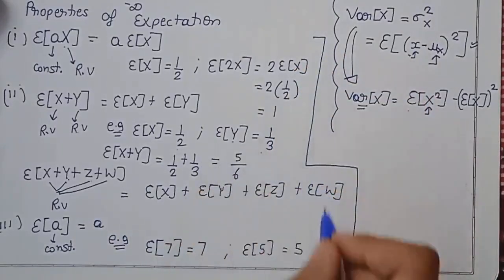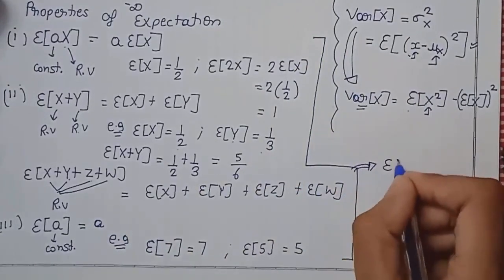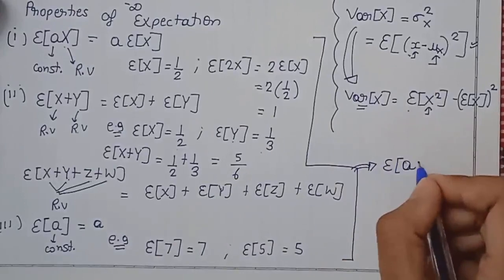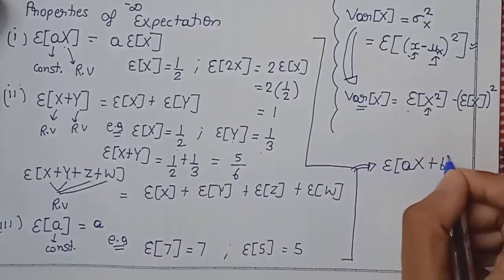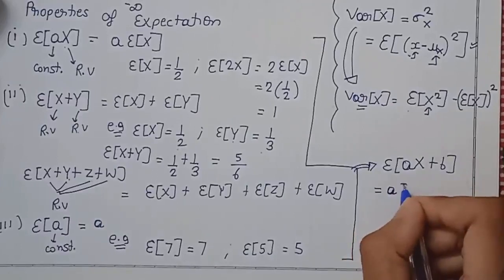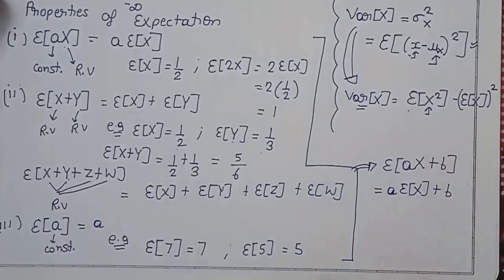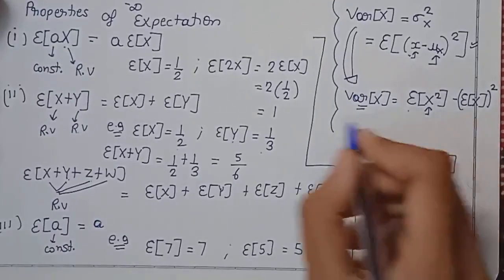Now, if I take all these three properties, then I can generalize them as expectation of aX plus b is equal to a E of X plus b, where a and b are constants and X is a random variable.